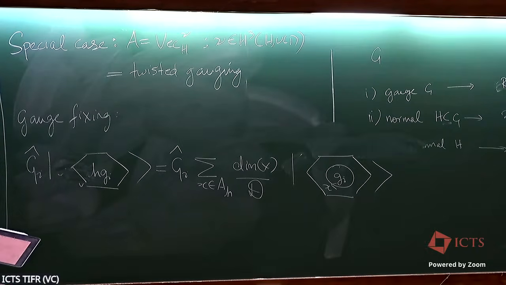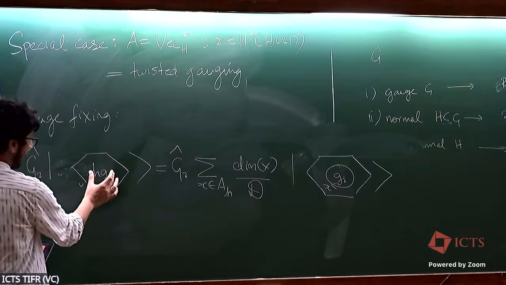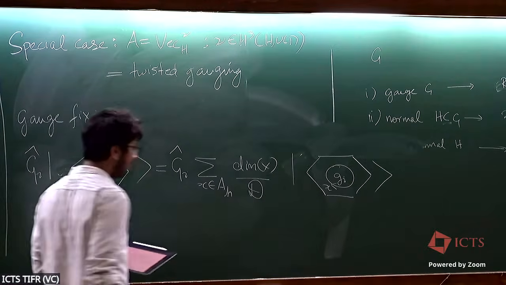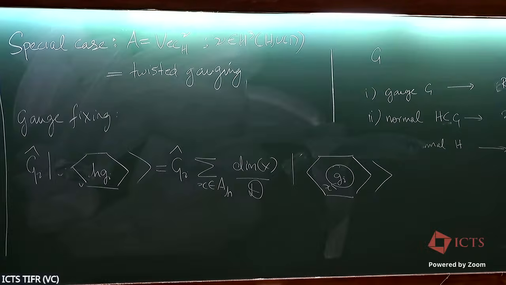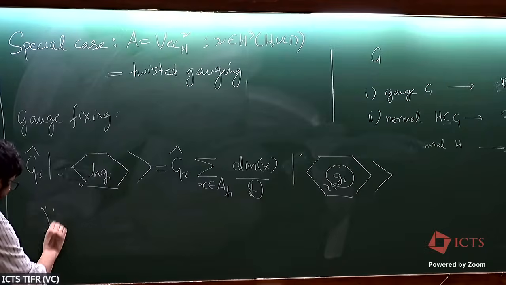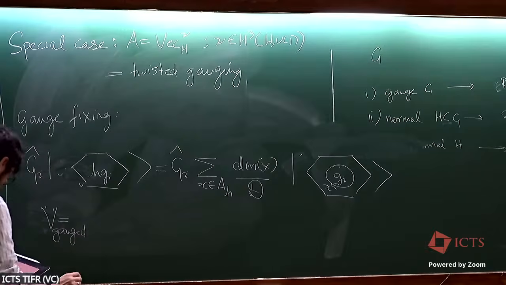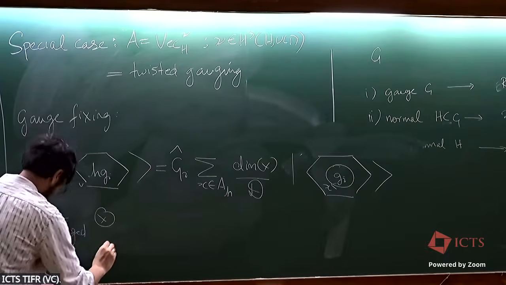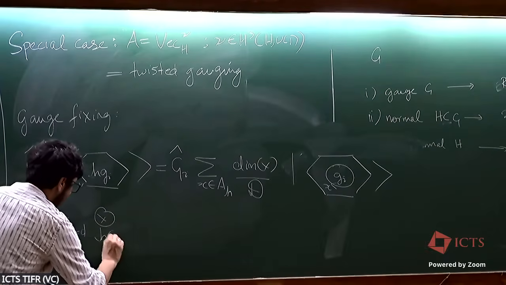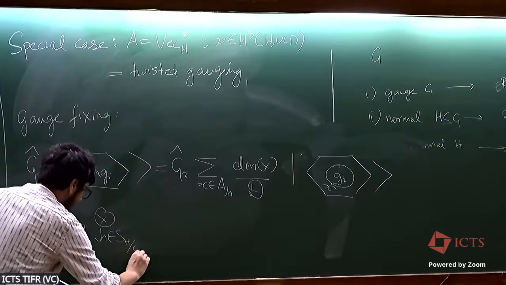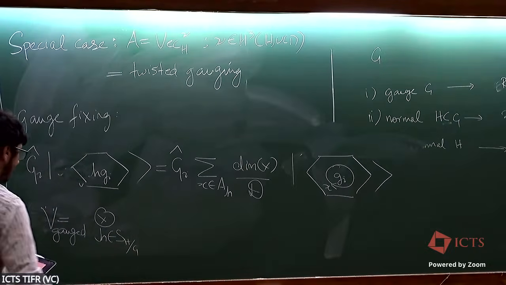And what it gives us is that the plaquette degrees of freedom are labeled by right H cosets in G. We get this gauged Hilbert space V, which is the set of right cosets.